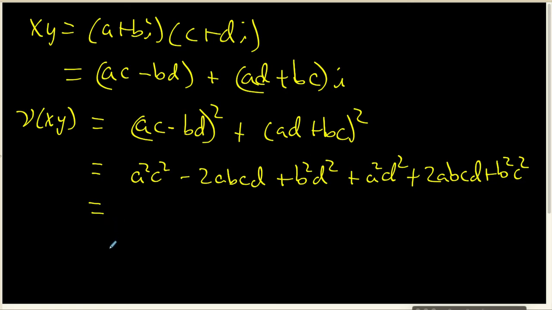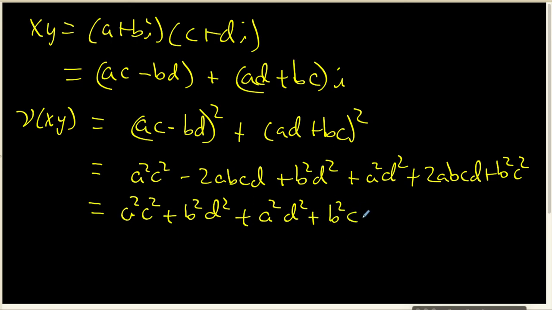And when we start looking at this, we notice that this term and this term add together and form a 0. And so what we're left with at this point is a squared c squared plus b squared d squared plus a squared d squared plus b squared c squared.